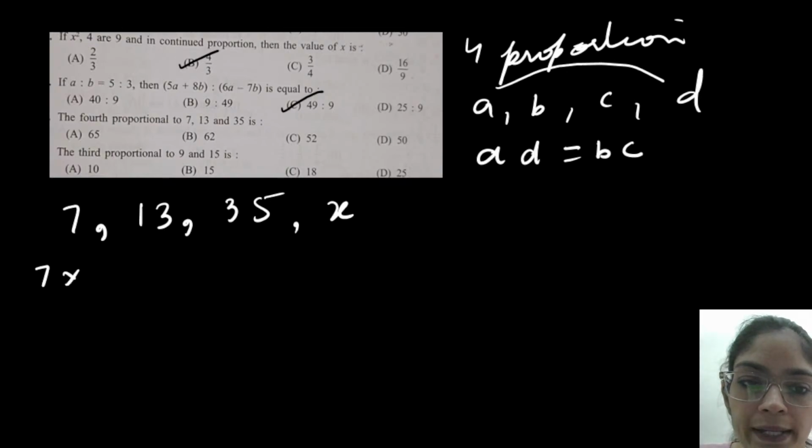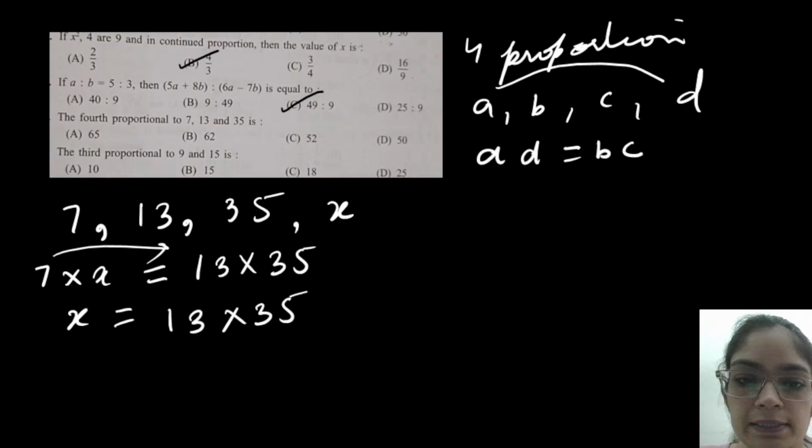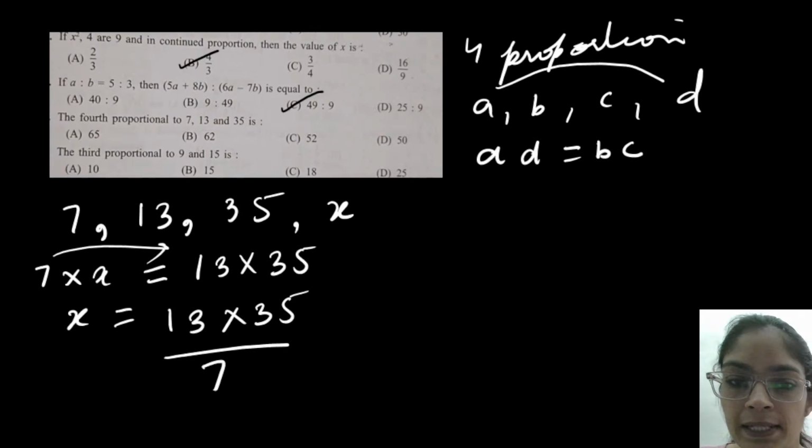So let's assume the fourth one as X. Here what will we get? 7 into X is equal to 13 into 35. Now let's shift 7 to the other side. So X is equal to 13 into 35 divided by 7. When 7 is shifted to the other side, it will be in division form, so we can do cancellation.